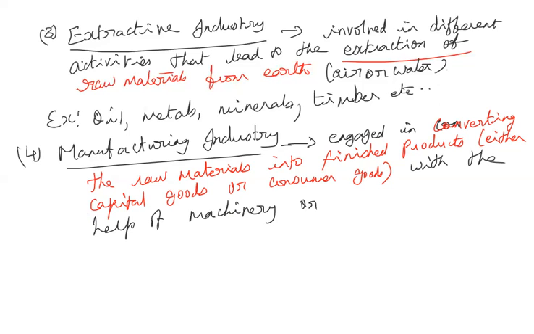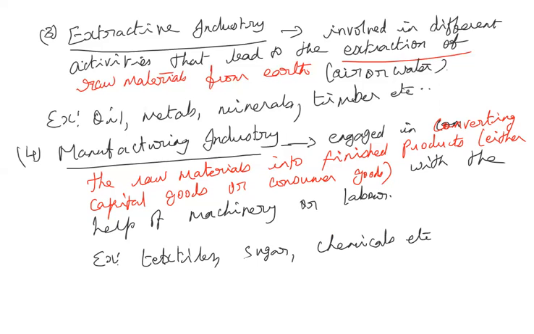Okay, so all these examples: textile industry, sugar industry, chemical industry. So they all come under the manufacturing industries.